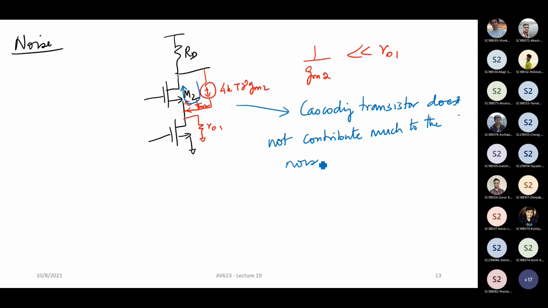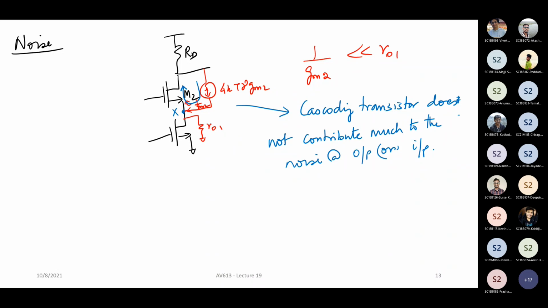Is it clear? You have this noise current source, M2 has 4kTγGM2, but at this particular node, which we keep calling X, the impedance is lower on the M2 side, and therefore the current keeps circulating like how I have drawn. Similar thing we saw even in the common gate amplifier, right? So the current gets circulated inside, and therefore M2 does not contribute to noise in a major way. Only M1 and whatever current source you're putting on the top will contribute.